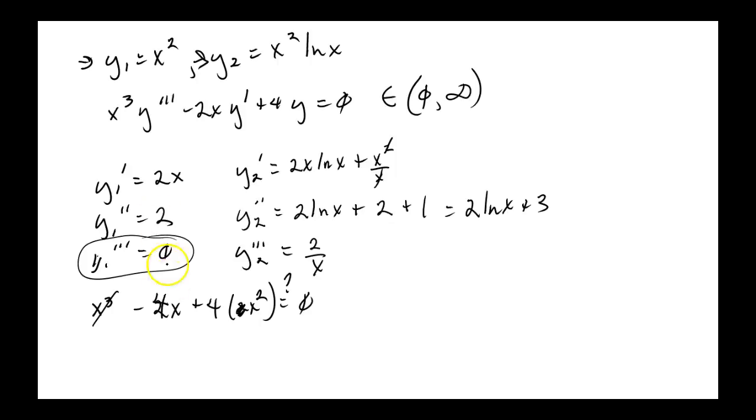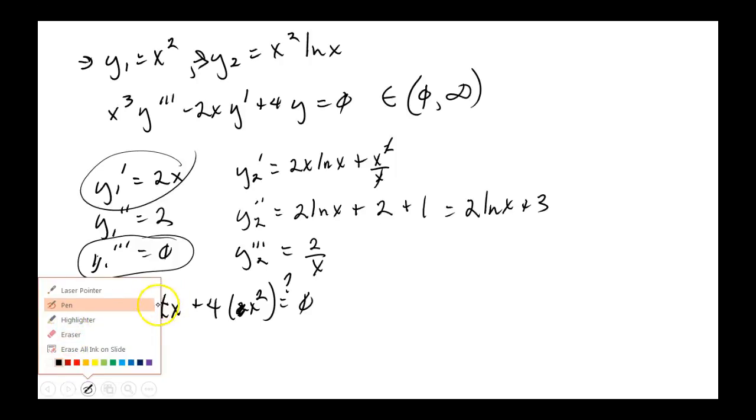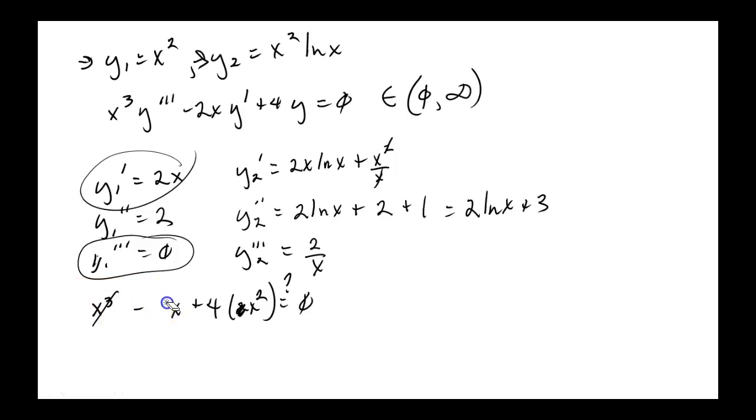I had forgotten that they skipped a term here. It's minus 2x times y prime, which is 2x. And that's minus 4x squared plus 4x squared, sure enough, equal to 0.